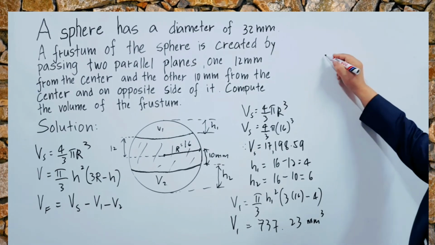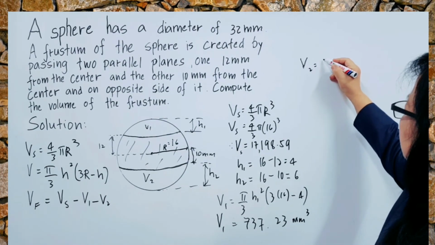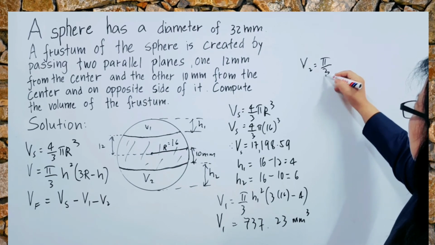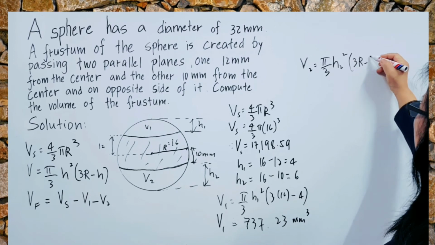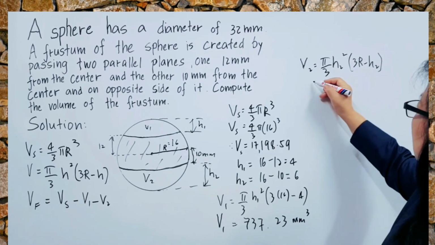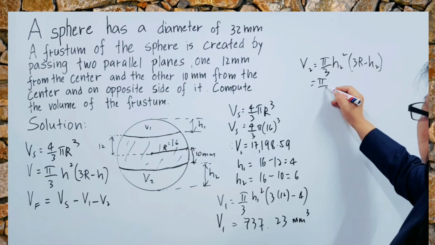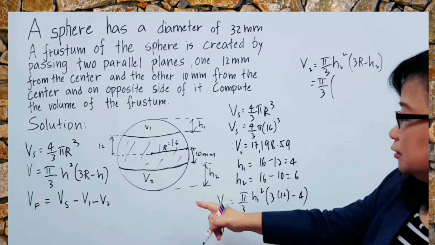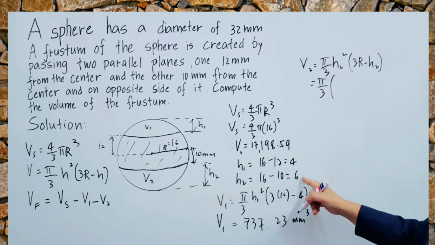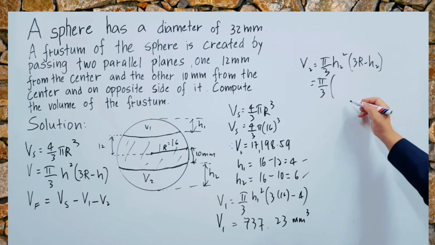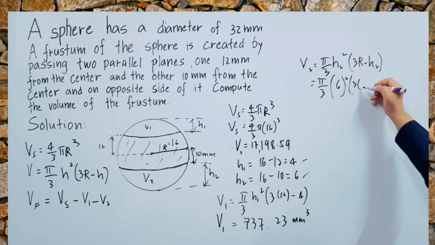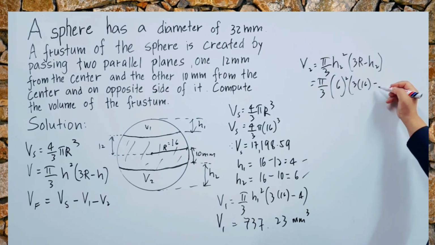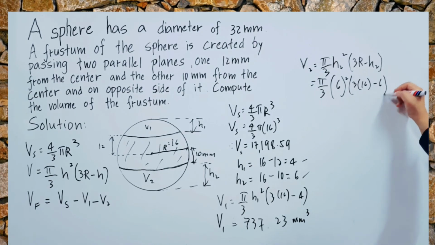Now, to solve the volume 2, it is equal to pi over 3 times h2 squared times 3r minus h2. Therefore, pi over 3 times the h2, which is equal to 6, squared, times 3 times the r, which is equal to 16, minus h2, of course.